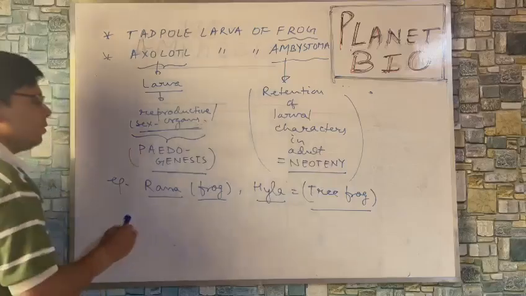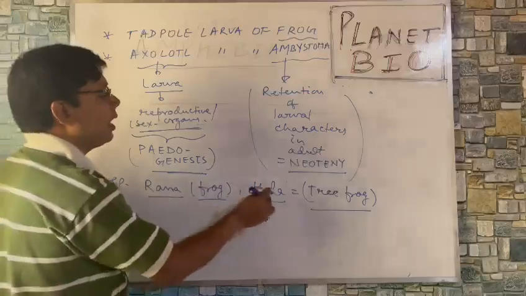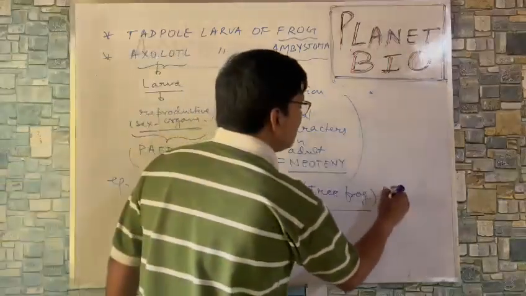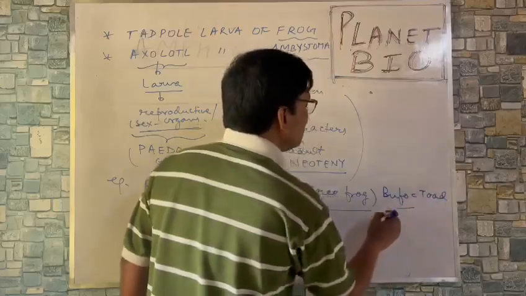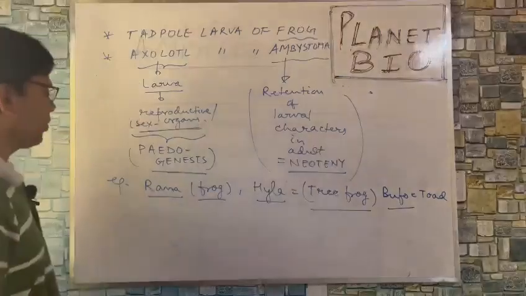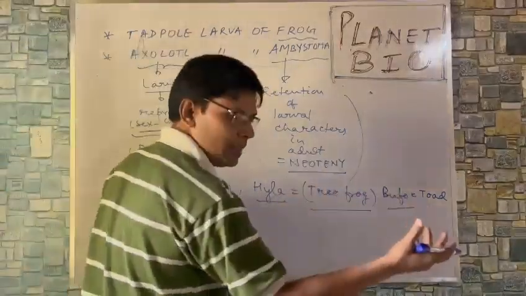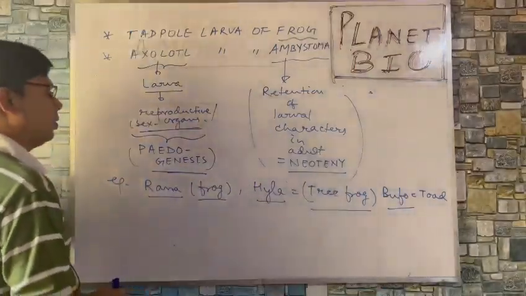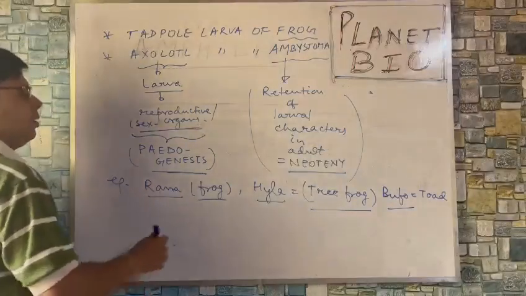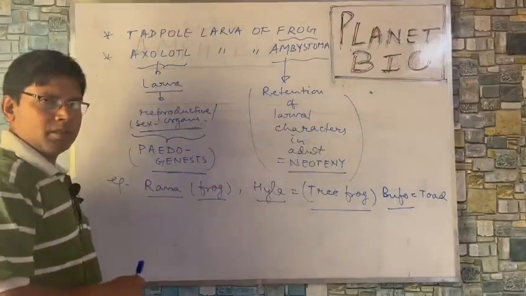Another one you can see, this Rana, Hyla and Bufo, toad, a little different. Rana lays eggs in mass, toad lays eggs in a line. So Bufo, toad. All of these are limbless amphibians.